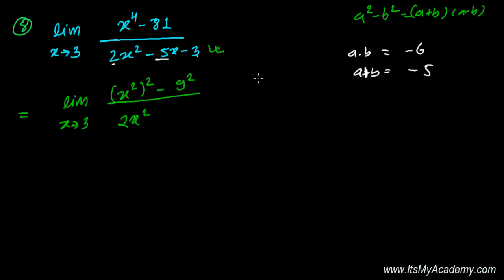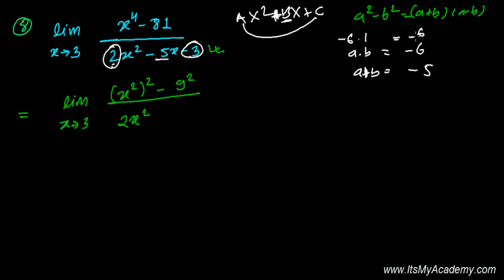So what are those numbers whose product is minus 6? The multiplication of a and c, if you have learned in the form of ax square plus bx plus c. My hand is really cold and I'm finding it difficult to write. Anyway, you need to find two numbers whose product is the product of a and c, and addition is b. So I got those numbers: minus 6 times 1, I will get minus 6, and minus 6 plus 1, I will get minus 5.